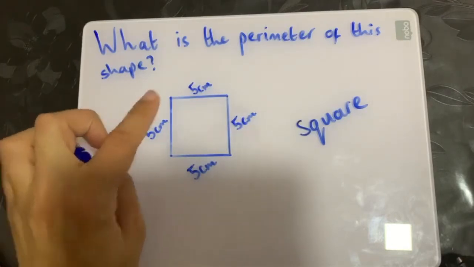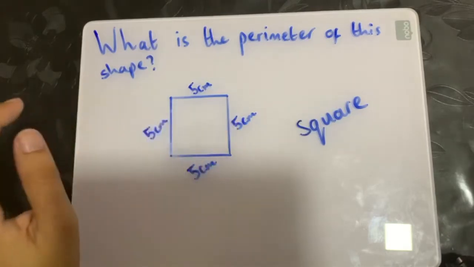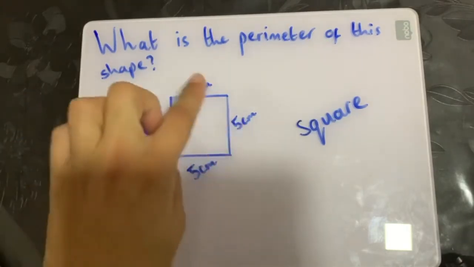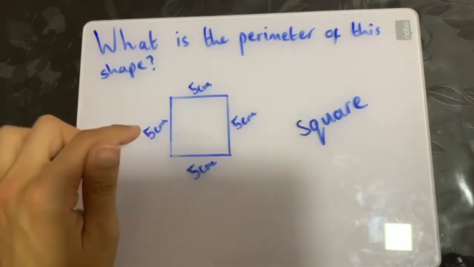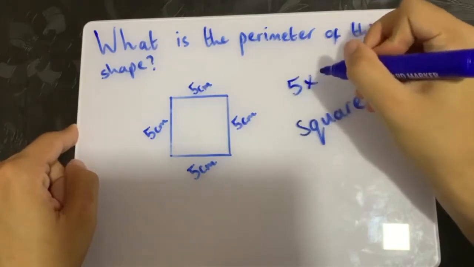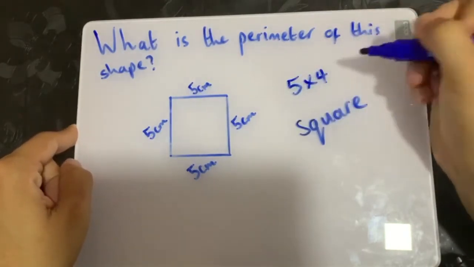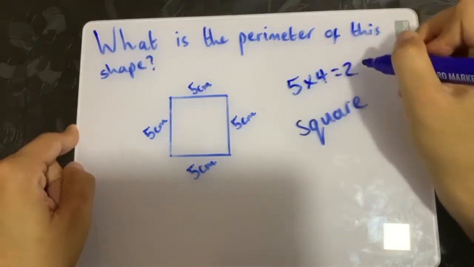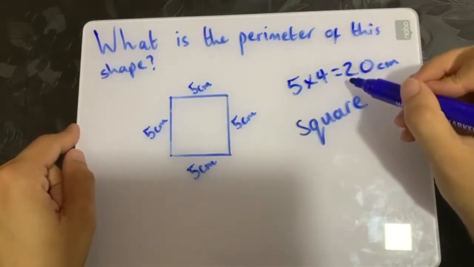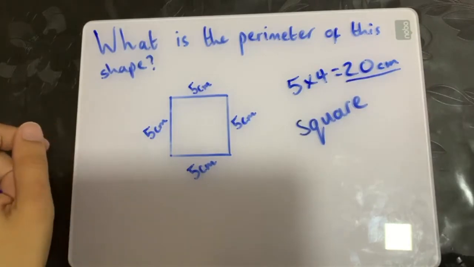I can do 5 plus 5 plus 5 plus 5, or I can do 5 times 4, because I've got 4 sides and they're all the same length. So I'm going to do 5 times 4 because I can do that one in my head. And I know that 5 times 4 equals 20. So the perimeter of this shape is 20 centimeters.